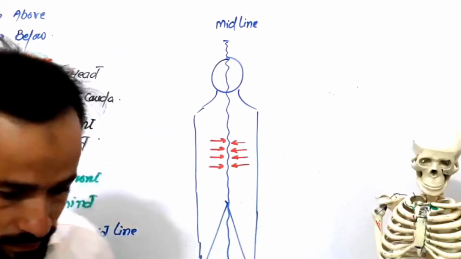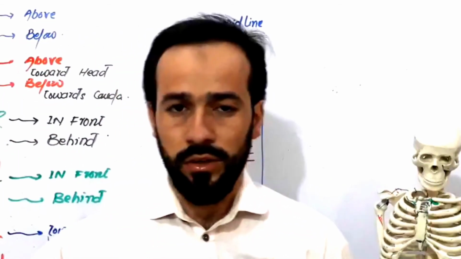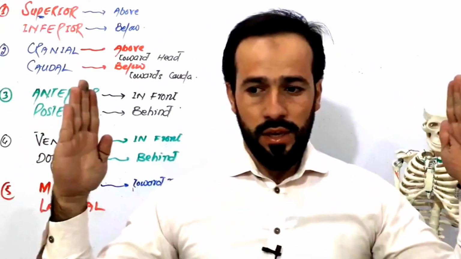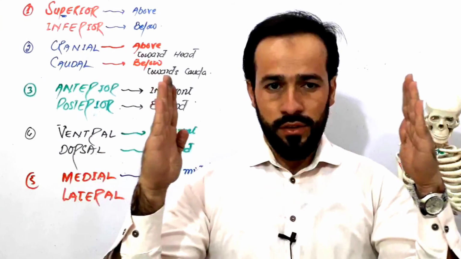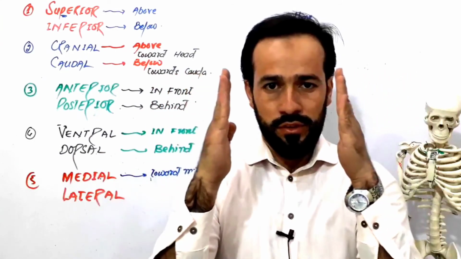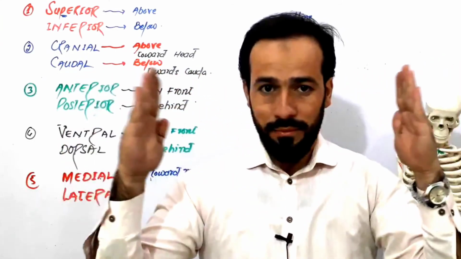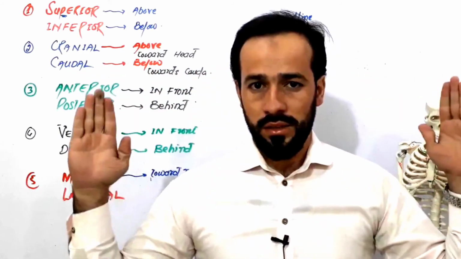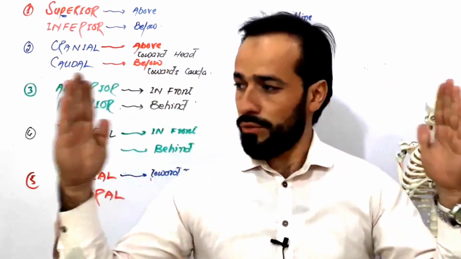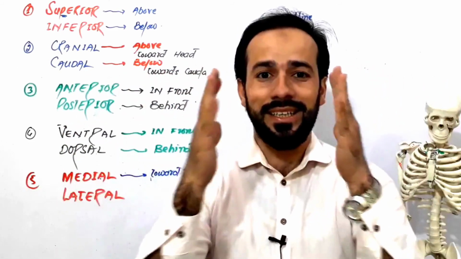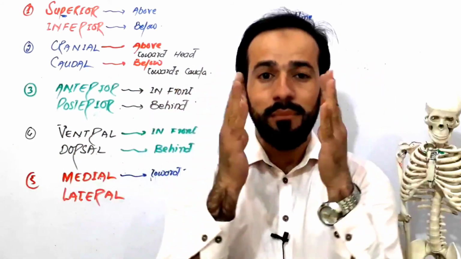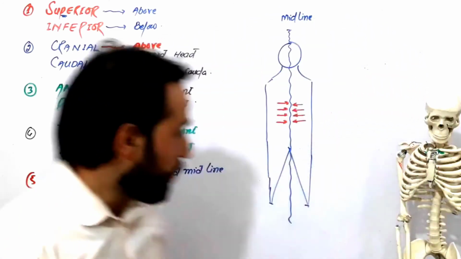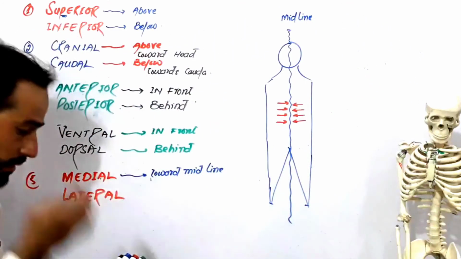So look carefully. If I'm holding both my hands like this, and I'm bringing my hands towards each other, both of my hands are coming towards the midline of my body, so my hands are moving medially. So medial means towards the midline, right?